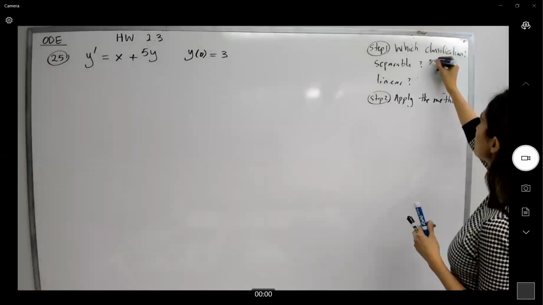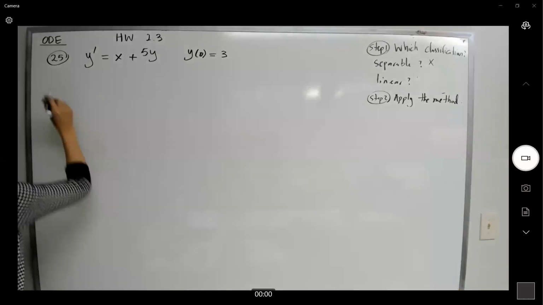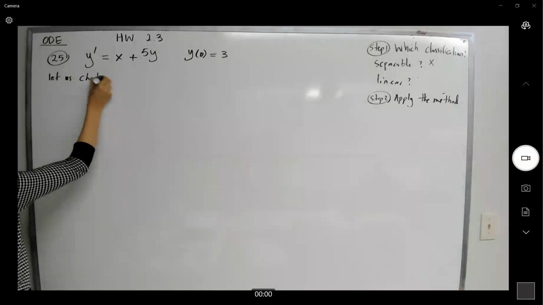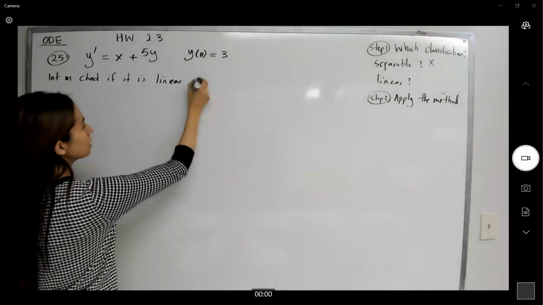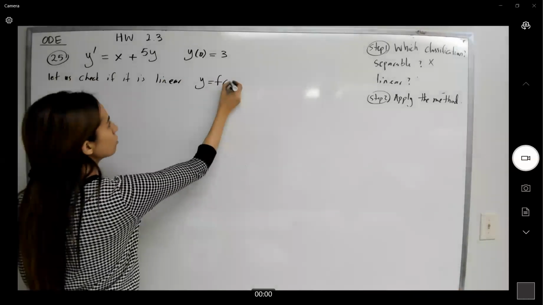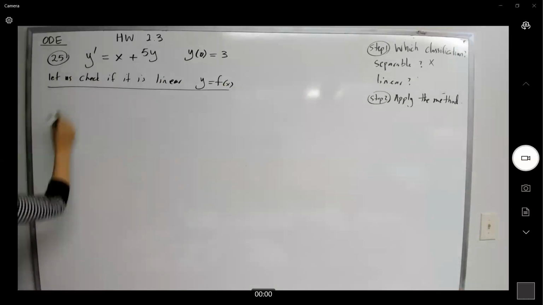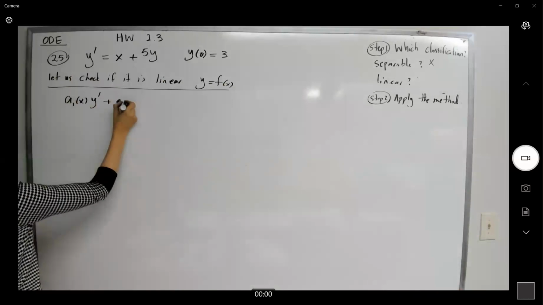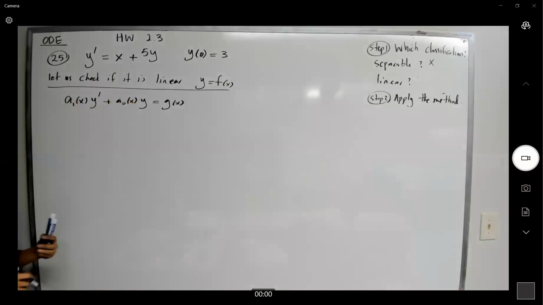Let's check to see if it's linear or not, and assume that y is equal to f of x. So remember the definition, a1(x) y prime plus a0(x) y equals g of x, a first order linear differential equation.